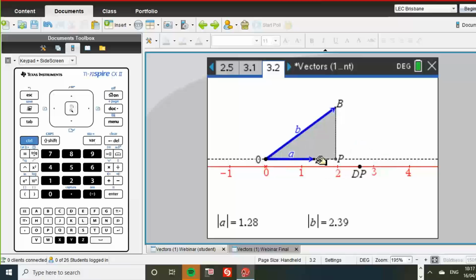The other nice thing you can do is have vector A move, and bring vector B down there so that they're parallel. If they're parallel, the angle between the two vectors is 0. So basically the dot product becomes the magnitude of A times the magnitude of B.